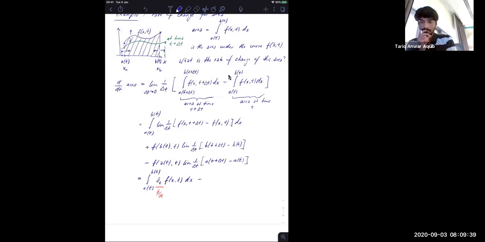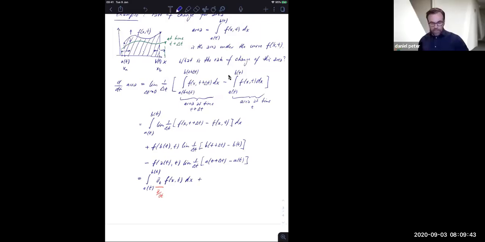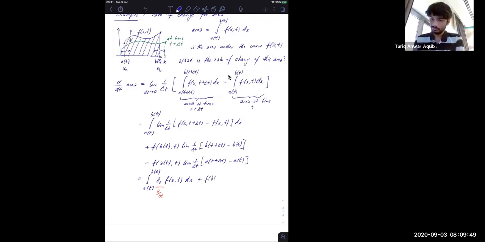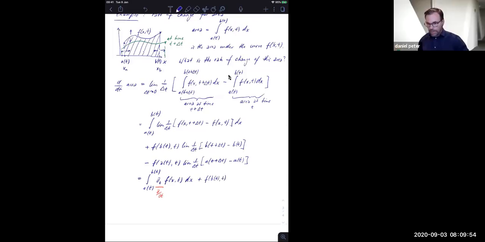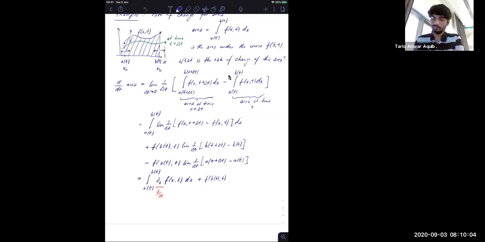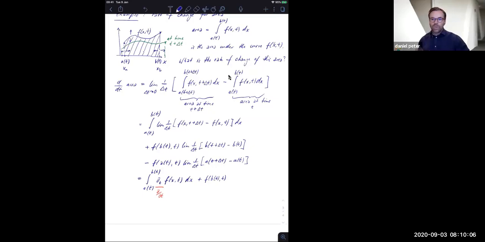Now, for the boundaries, again, instead of writing these limits, we can just write f of b of t. Now let's keep this time t. And you see here b is a function of only time, only a function of t. If we take the derivative with it, it's not just the partial derivative anymore, it's just the derivative of the function.